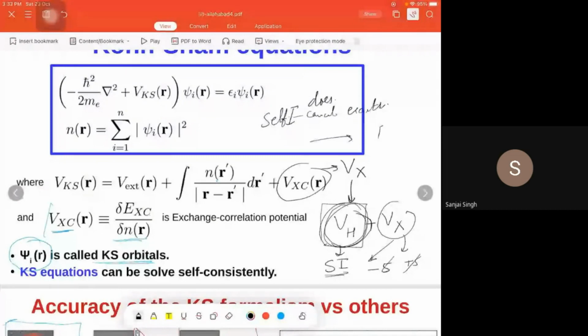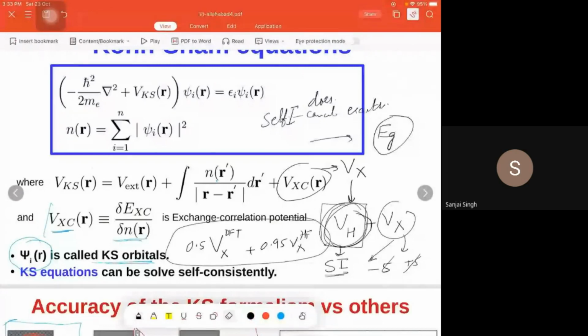So if you want to have correct band gaps, what people do is they will take some part, let's say 5% of the DFT exchange, and the rest 95% they will take from Hartree-Fock. So these are called hybrid functionals.